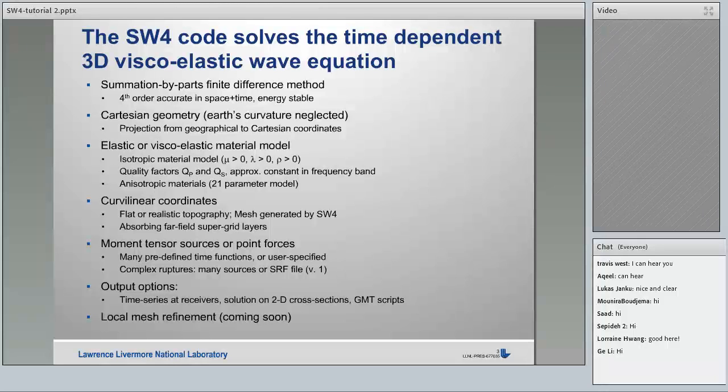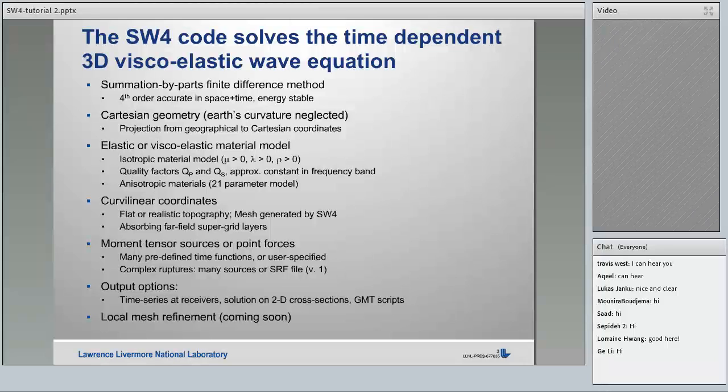We can also model viscoelastic attenuation, which is described by the quality factors QP and QS for attenuation of the P and S waves. They are modeled as approximately constant in the frequency domain. There's also a new feature in SW4, implemented a couple of months ago, that allows you to do fully anisotropic materials in a 21 parameter model.